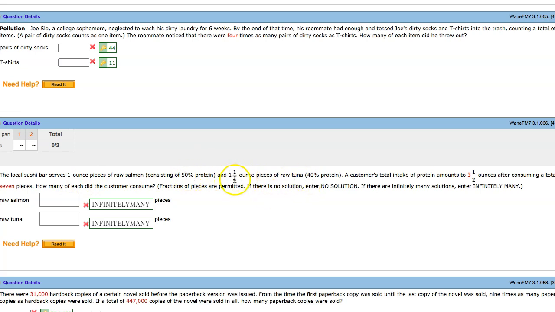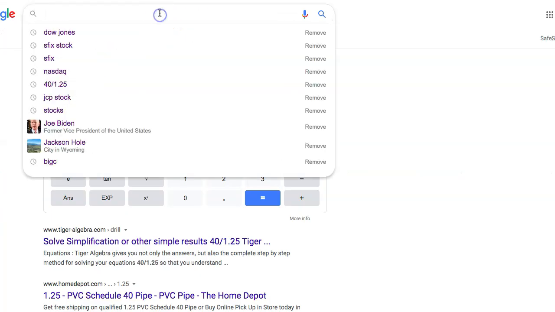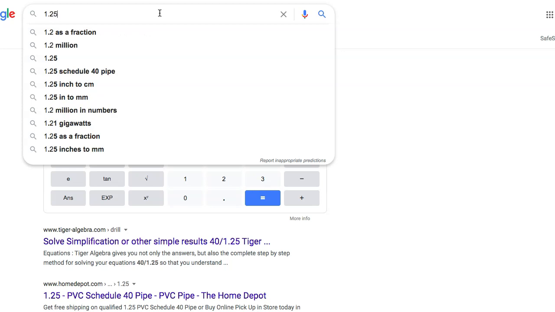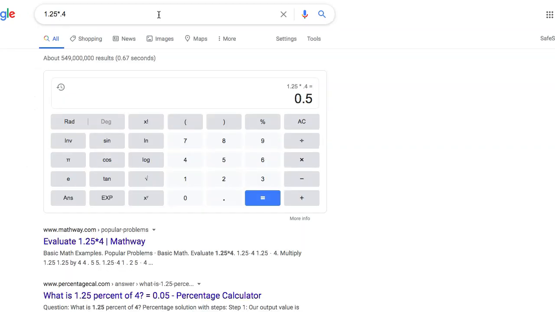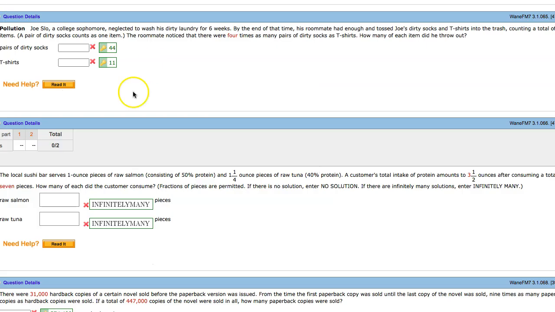I need to multiply 1 1/4 by 40%. 1 1/4 times 0.4 is 1/2. So 1 1/4 ounce will give you 40% protein.